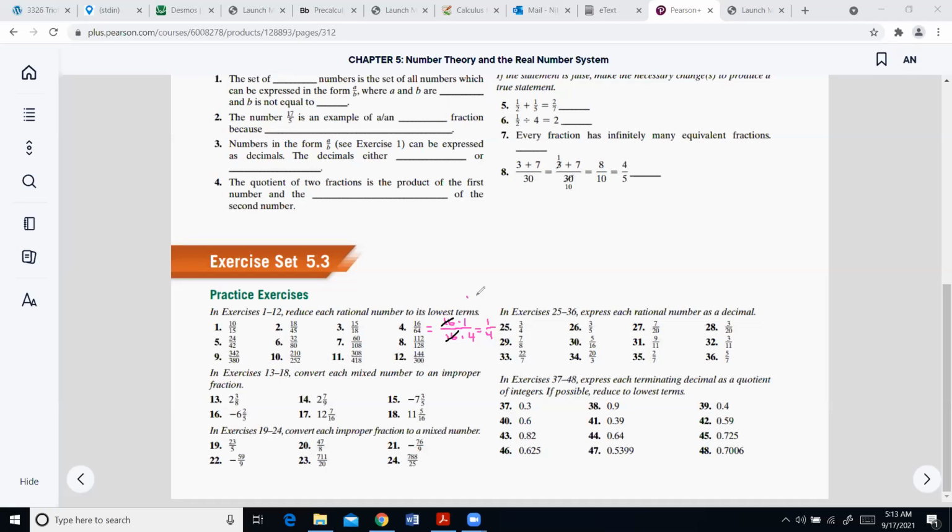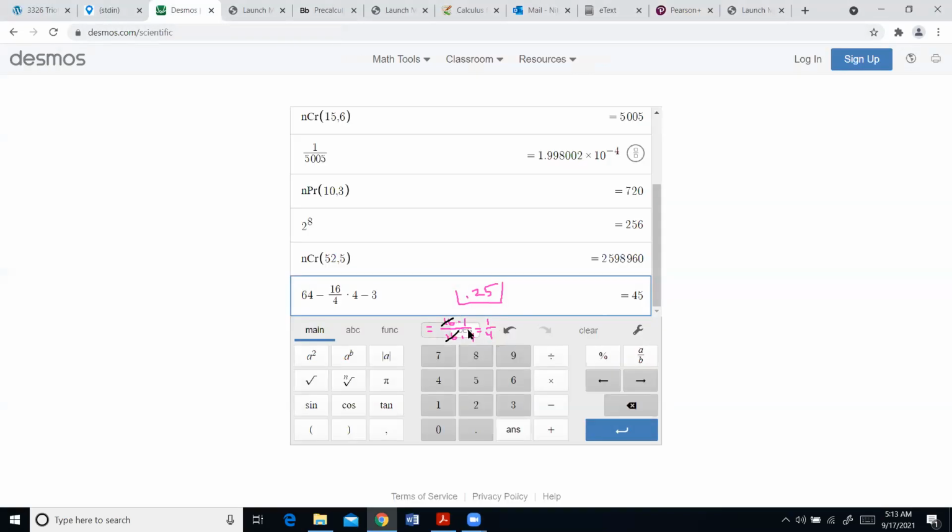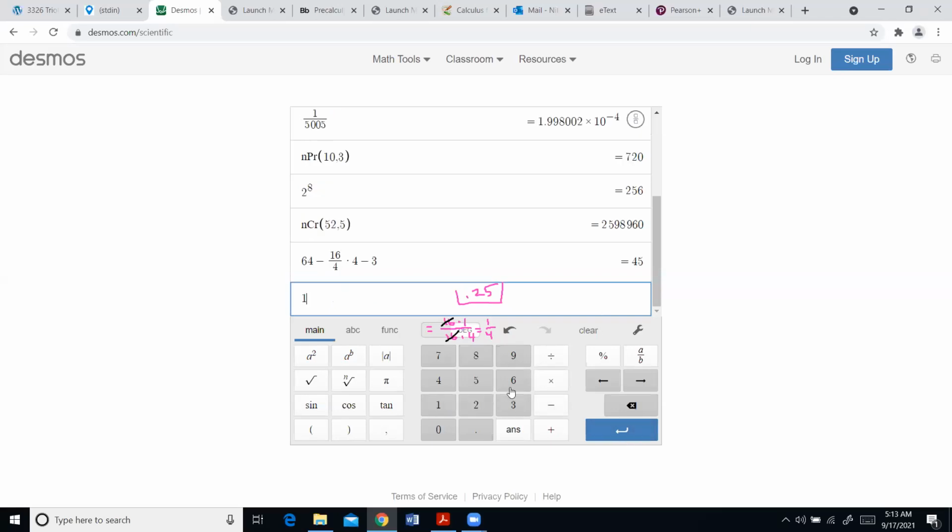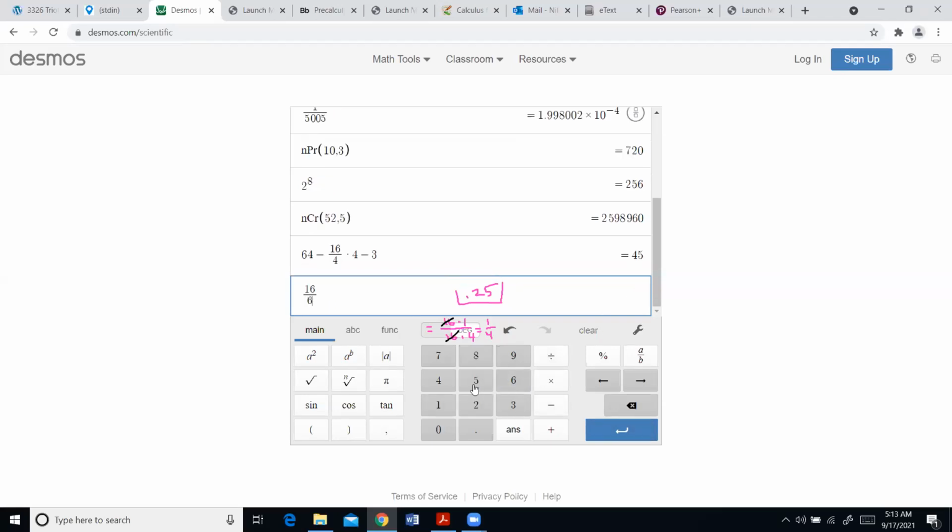And you could see that this is 1/4 even from the beginning, right? Because if you divide 1 by 4, you get 0.25, the decimal way to write the fraction. And if you divide 16 by 64, let me do it with a calculator, you should also get the exact same result. So when I divide 16 by 64, I also get 0.25.